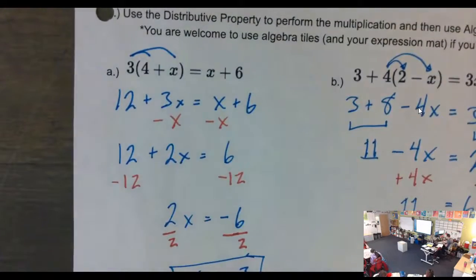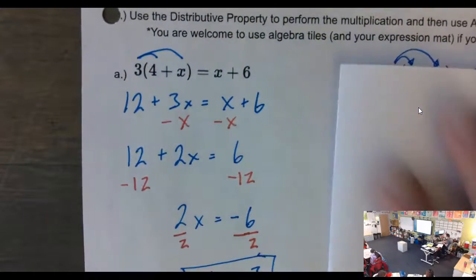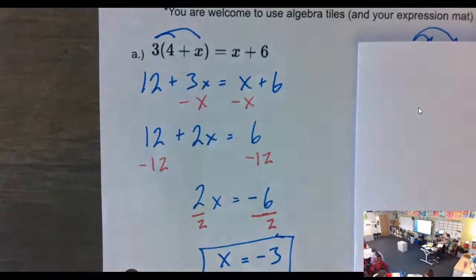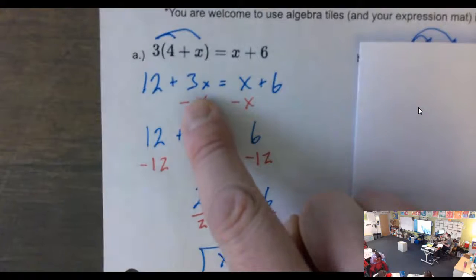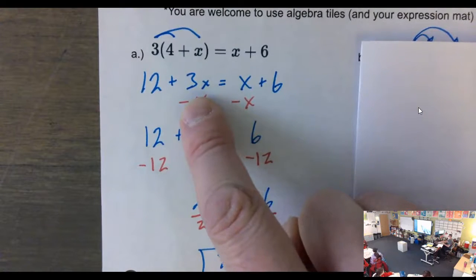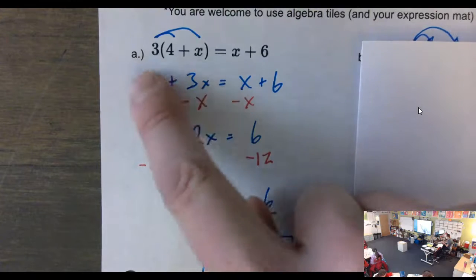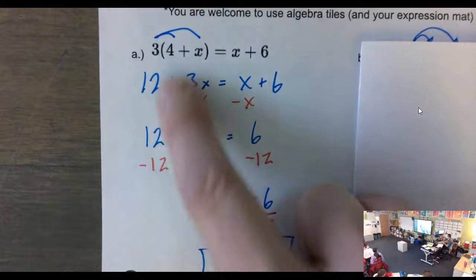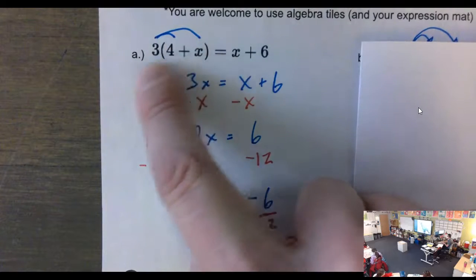We're looking only at A first, so actually I'm going to cover up B because B has a lot going on. In A, one trapdoor was, do you have 3x here? If not, you forgot to distribute both of these, which was probably if you forgot the arrows on top.